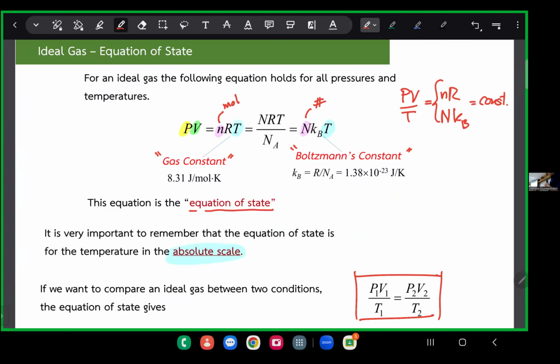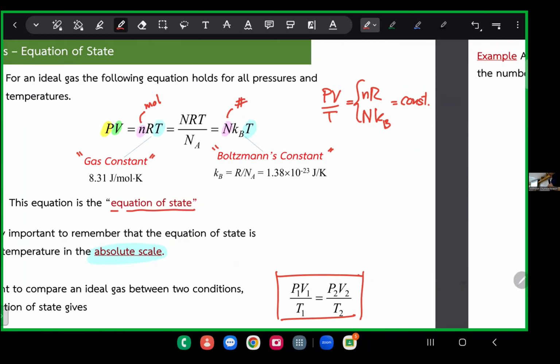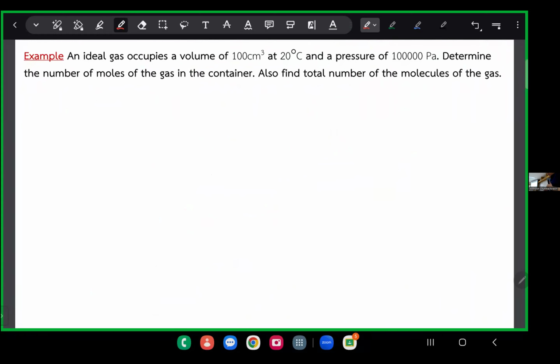Okay, so with this, let me practice how this can be used. First, for example, you have an ideal gas, you have the volume, you have the temperature, you have the pressure. All right, now you can see some of them are already in good units, some of them are not good, but we have to convert them anyway.